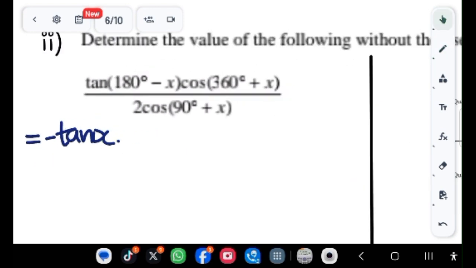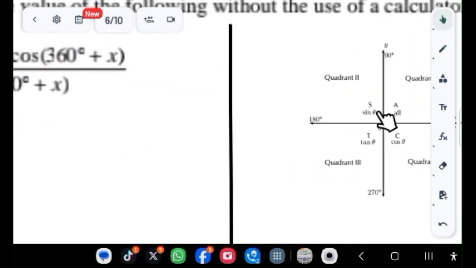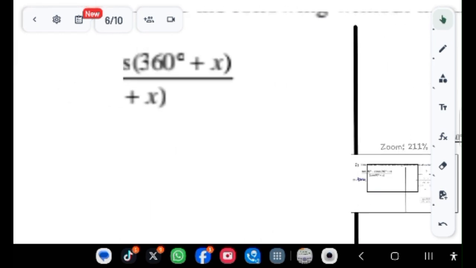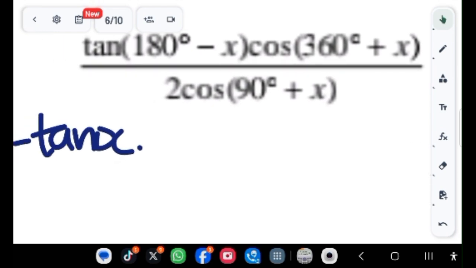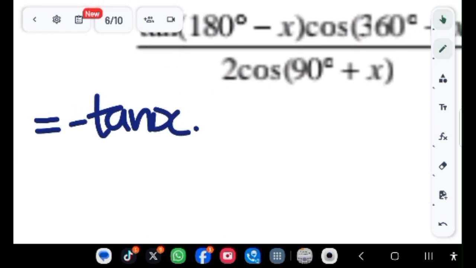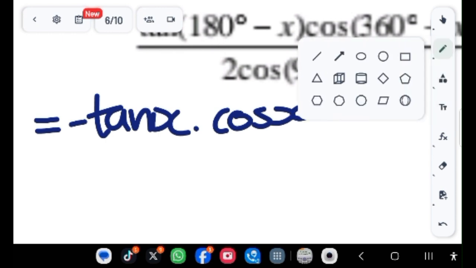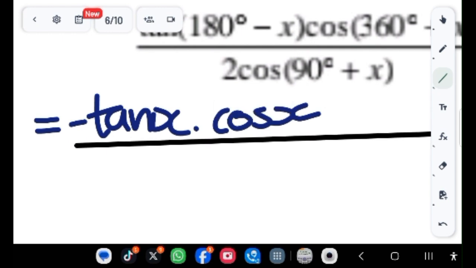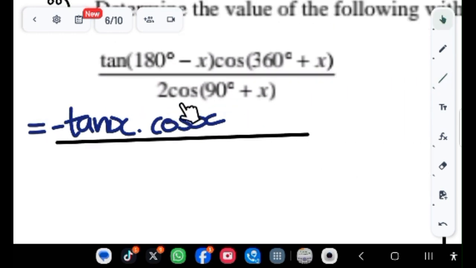And then we've got cos of 360 plus x. 360 plus x lands us in the first quadrant where every trigonometric ratio is positive, so that becomes cos of x when we reduce. So far so easy. Next, at the bottom we have 2 times cos of 90 degrees plus x.